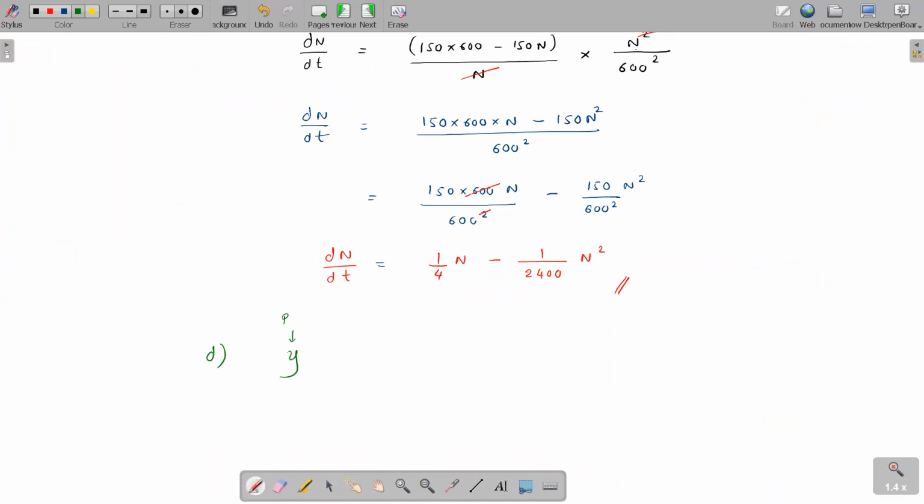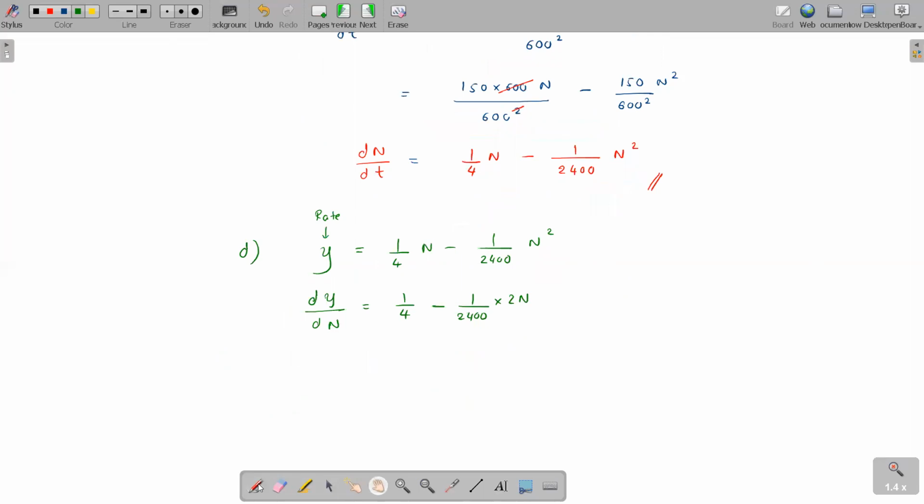So y is the rate if you are uncomfortable, so you can think of it as y. So what's the highest value? So you get here dy by dn, and you get here 1 over 4, n differentiation is 1, minus 1 over 2400 into 2n. Is this okay? And then you make it equal to 0 at the maximum.